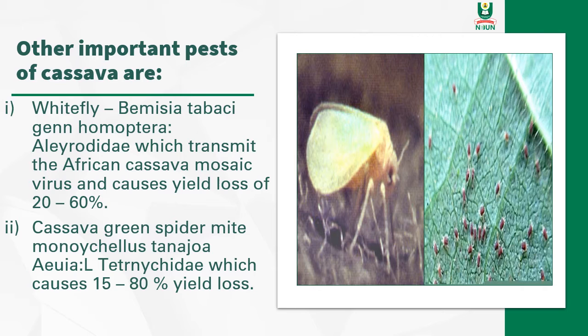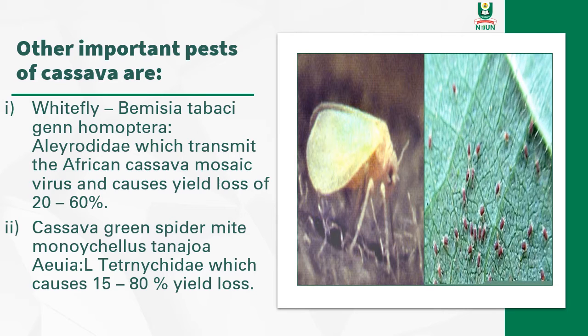Also, other important pests of cassava are the cassava white fly, that's the pernicious disease, and they are the transmitters of the African cassava mosaic virus, which causes 20 to 60% yield loss in cassava. So this white fly is a carrier of this disease.